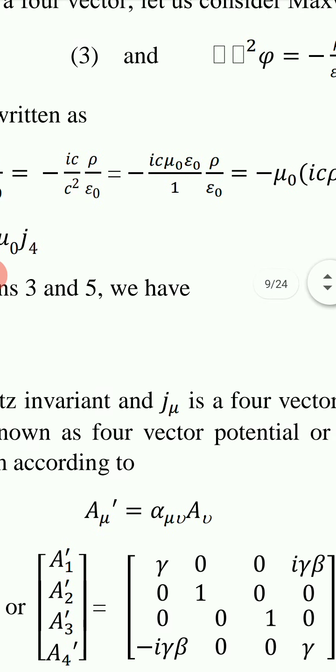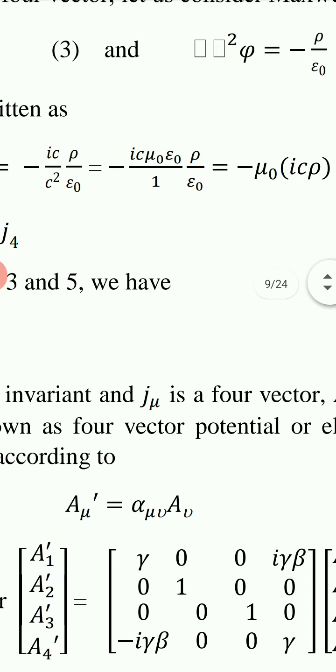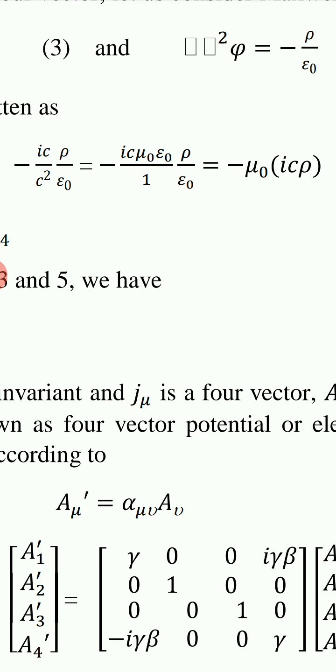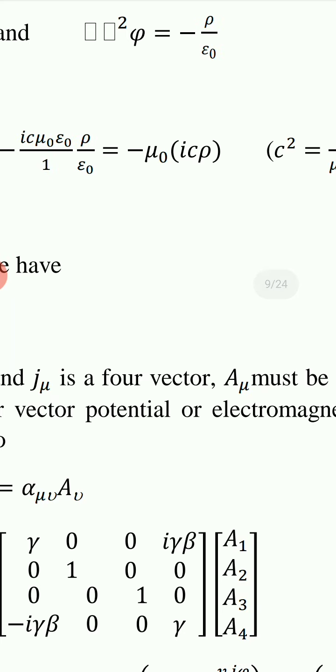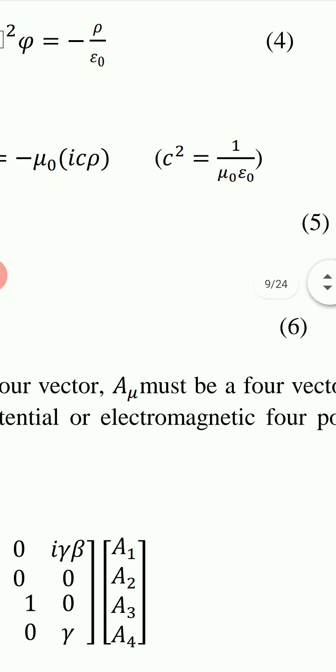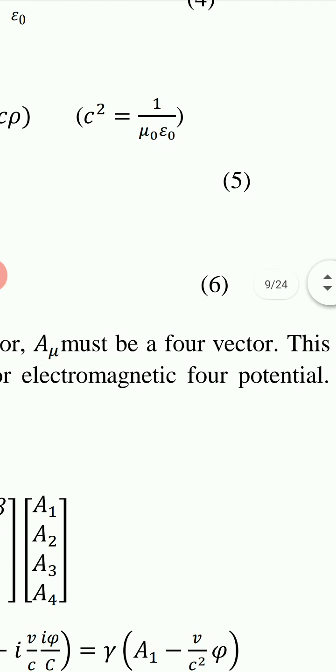So right hand side now becomes equal to minus IC mu 0 epsilon 0 rho upon epsilon 0, and it is equal to minus mu 0 IC rho, where IC rho is J4, 4th component of current 4 vector. Here we have used C square equal to 1 upon mu 0 epsilon 0.